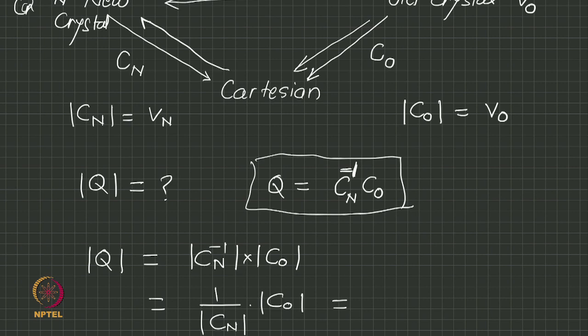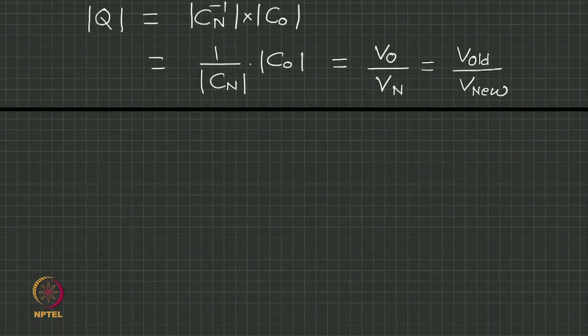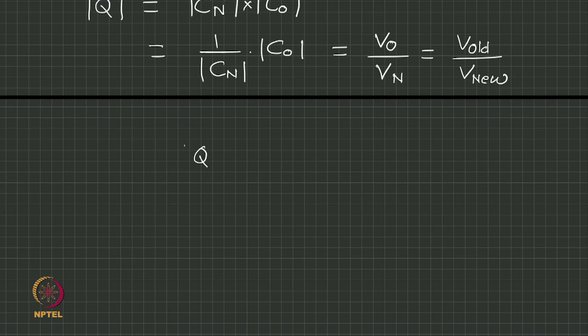You have seen that the determinant of C old is V old and the determinant of C new is V new. So, the determinant of any coordinate transformation matrix is just the ratio of two volumes: the old volume divided by the new volume.